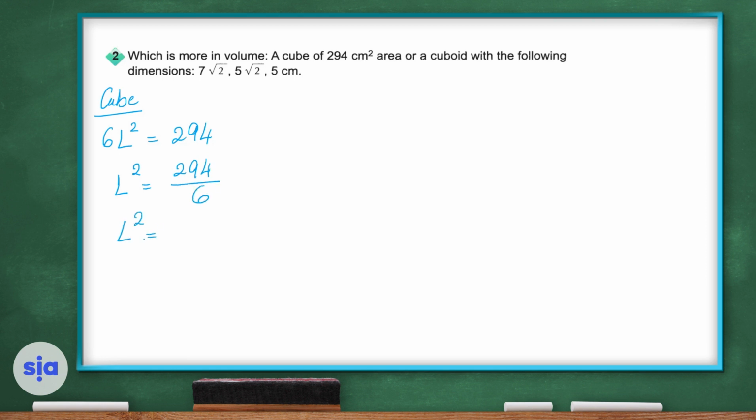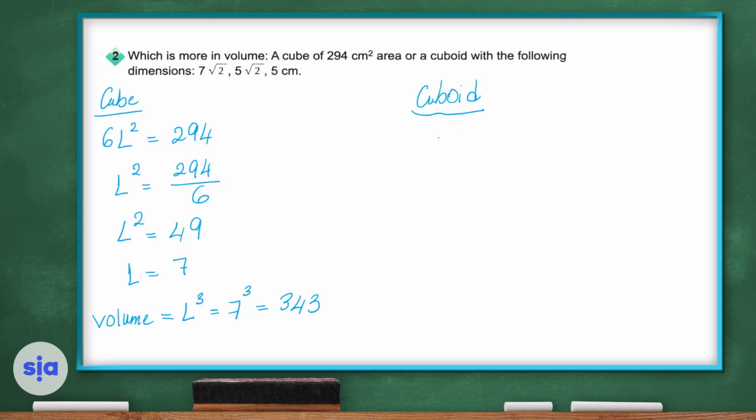So L squared equals 49. Then L is 7. The question is asking you to compare the volume. Then the volume is L cubed, which is 7 cubed, which is 343.